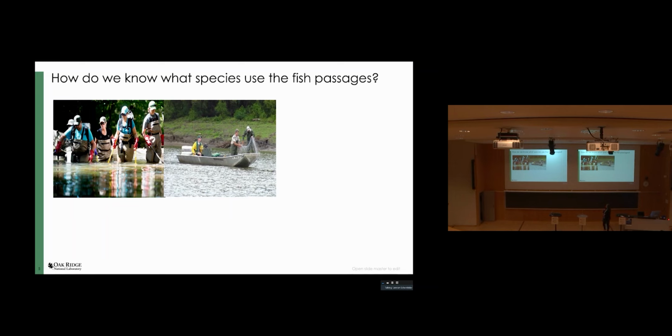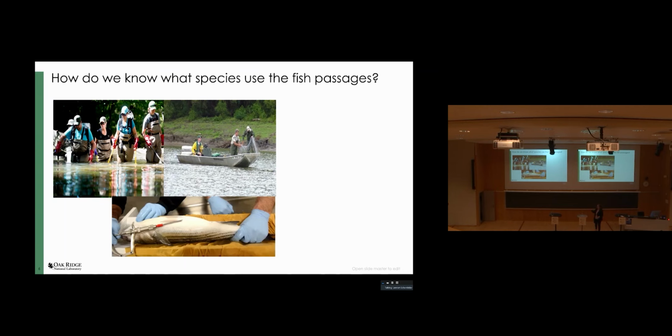There are conventional methods to do this that revolve around biological assessments of downstream and upstream habitats that involve hands-on collection of fish through electrofishing or netting methods. There's also tagging methods where you can track where fish are moving to.